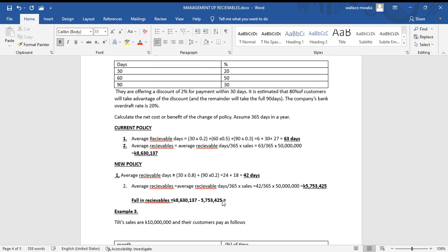So I hope we understand what this fall in receivables is talking about. It's not that we're losing money, no. It's just that we don't want people owing us too much, so that even the risk of bad debts will be lowered. Have we got that?